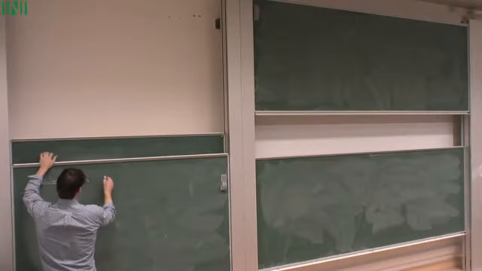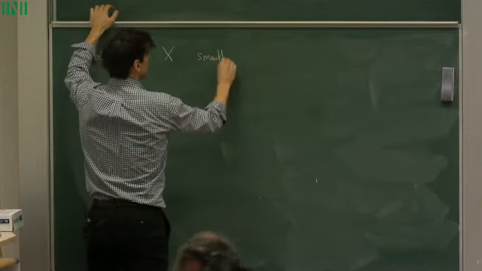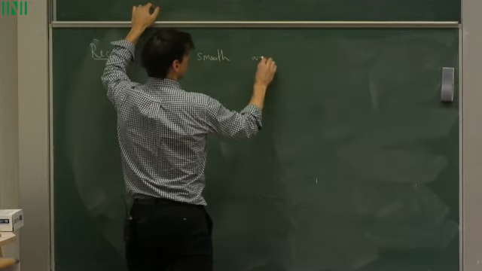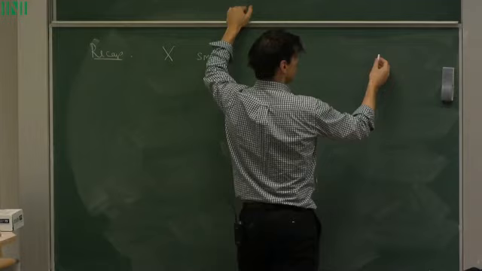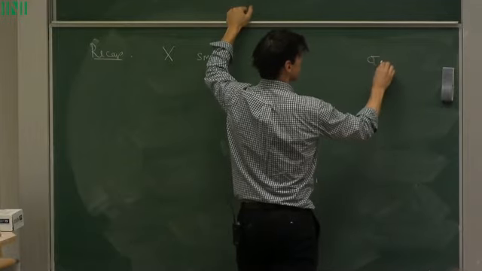So we had X, a smooth algebraic variety over K. And last time I took K to be the rational numbers.